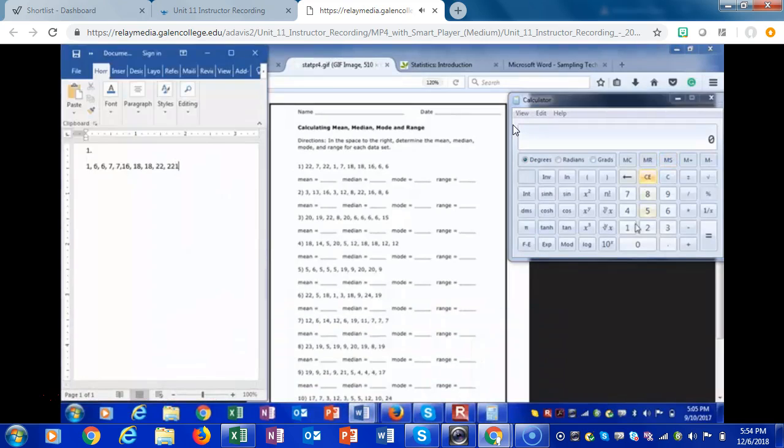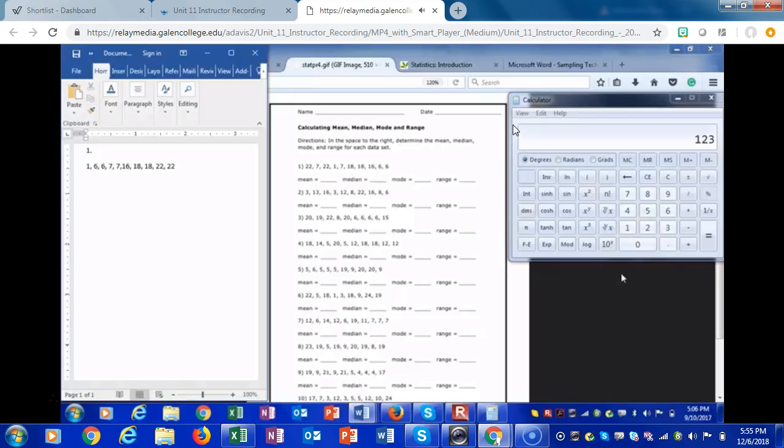We have 1 plus 6 plus 6 is 13, 7 plus 7, you get 14, plus 16, plus 18 plus 18 is 36, plus 22 plus another 22. So we have 123. There are 10 numbers in our initial number set.